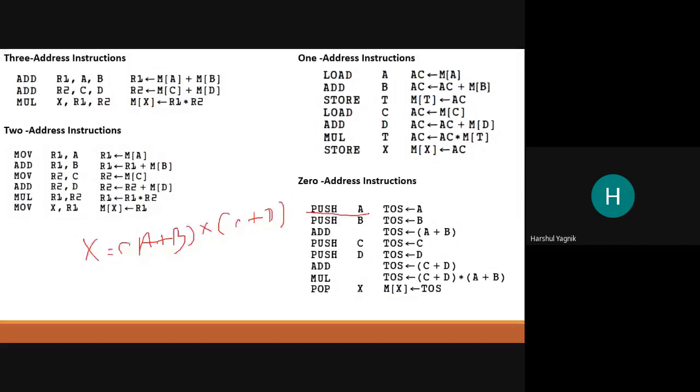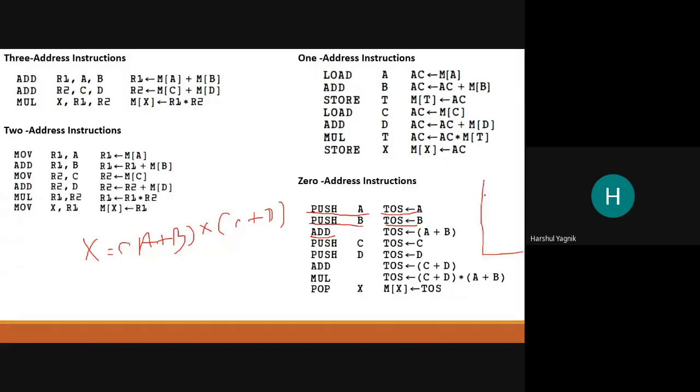First push onto the stack the content of memory location A. So that is pushed onto the stack. Then push onto the stack from the memory location whose address is B. Then addition is to be done. It will perform addition of the last two entries in the stack. Let me first show.